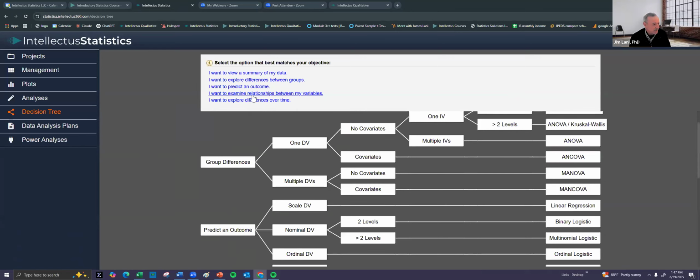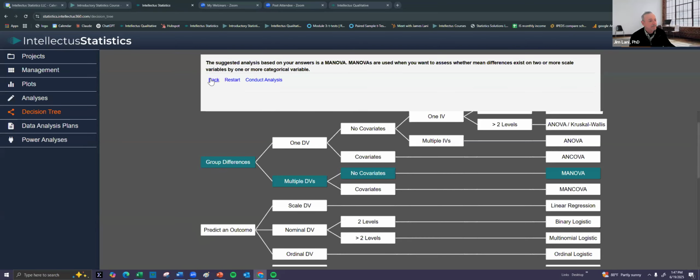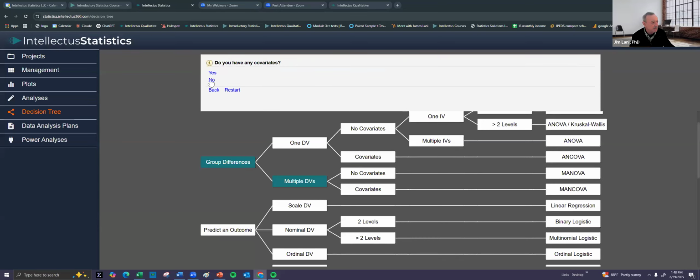I think we examine differences between groups, group differences. I have one outcome variable. Let's just say it's program satisfaction. I have no covariates to speak about.